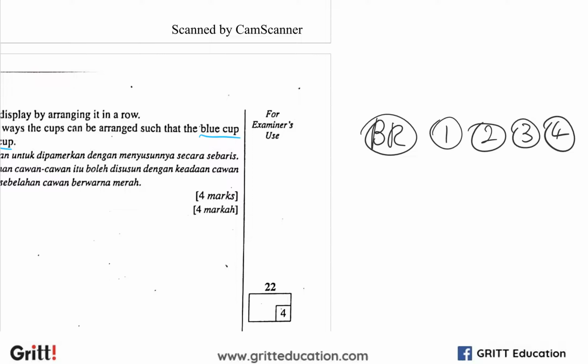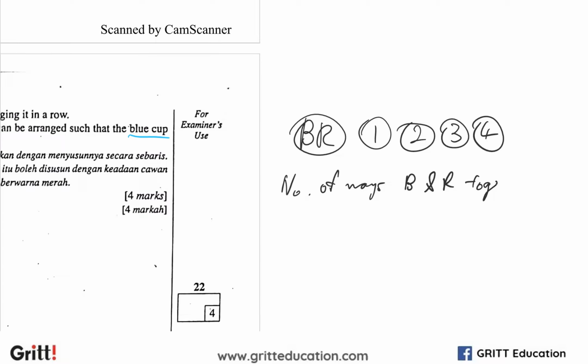Alright, so from here, we can permute the number of ways. We are looking at the number of ways in which blue and red are together. So all we have to do is permute these 5 portions. Because we want blue and red together, it will be 5 factorial, not 6. If it's 6 factorial, the blue and red can be separated.